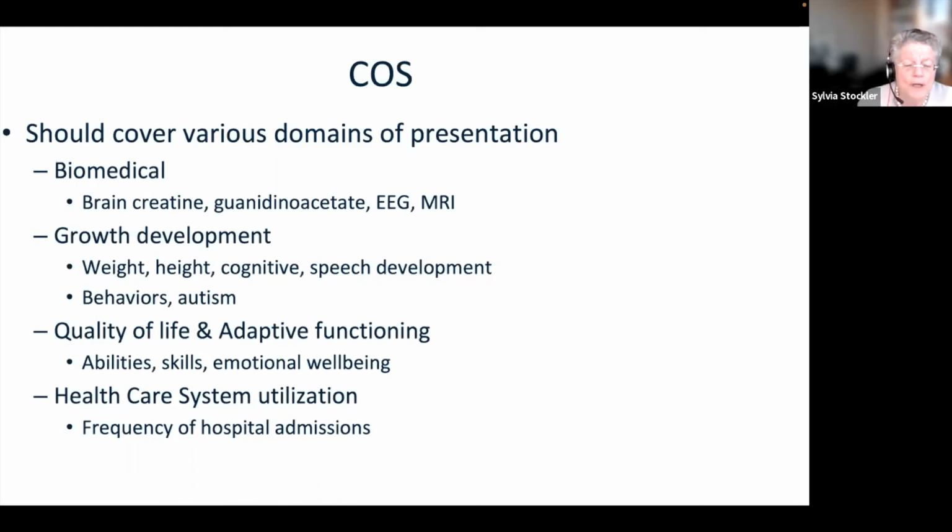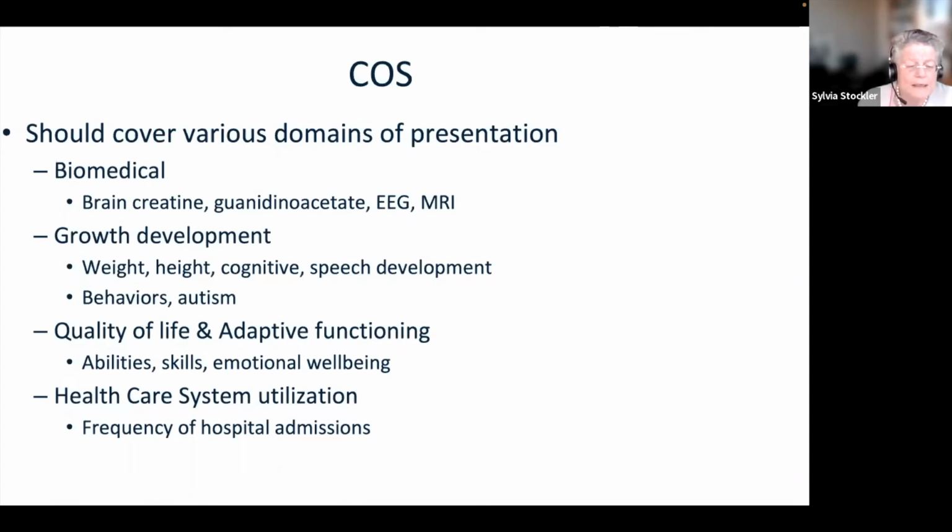They don't tell us how they apply to quality of life or adaptive functioning, to abilities, skills, emotional well-being. But there are other outcomes that would describe these kinds of outcomes like quality of life much better.